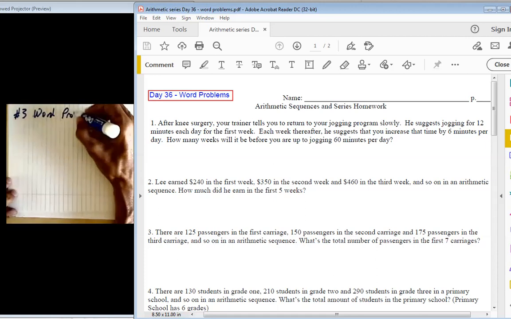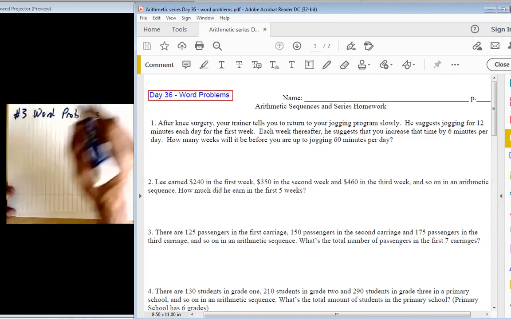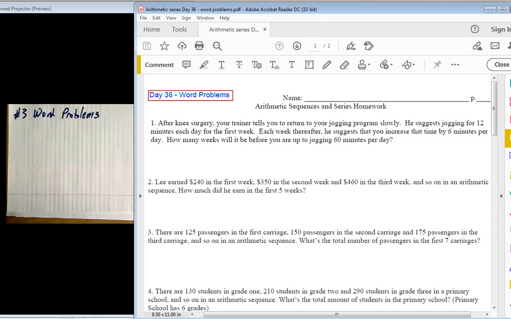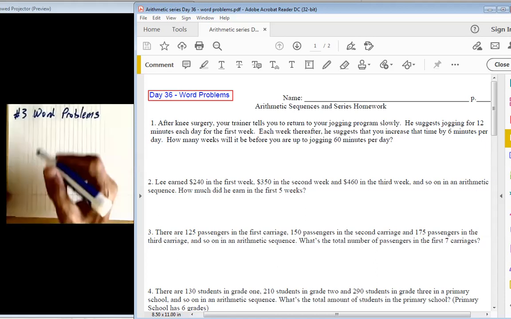With word problems again, we did a little bit yesterday. What's a good trick? What's one thing you want to do when faced with a word problem like this? Yeah, nice. From class, they said, yeah, start changing it from English into math a little bit. Start translating it, right?